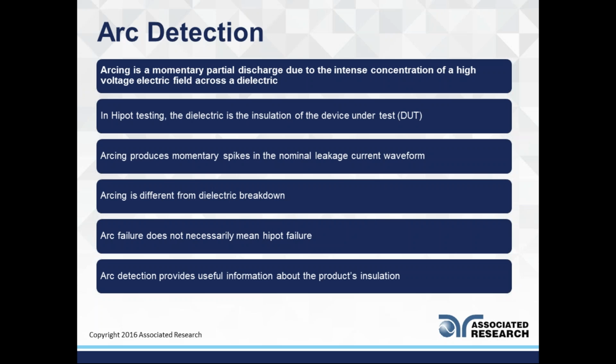Arc failure does not necessarily mean Hipot failure. Arc detection provides useful information about the product's insulation. So again, arcing is a momentary partial discharge. An electric field has a lot of effects on insulation or just air in general.